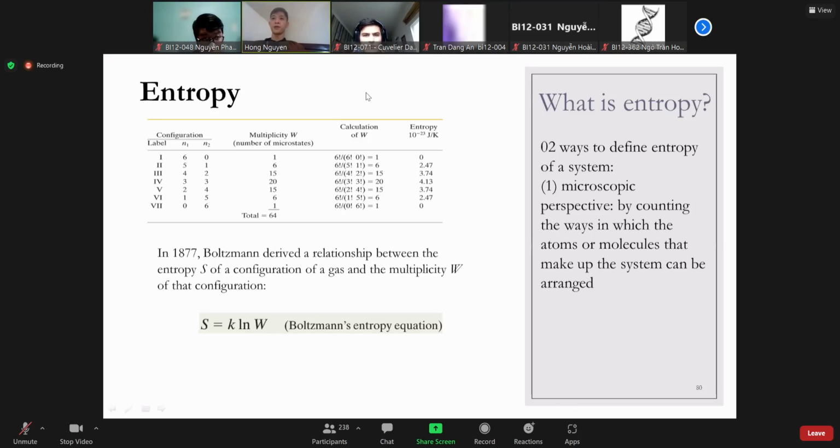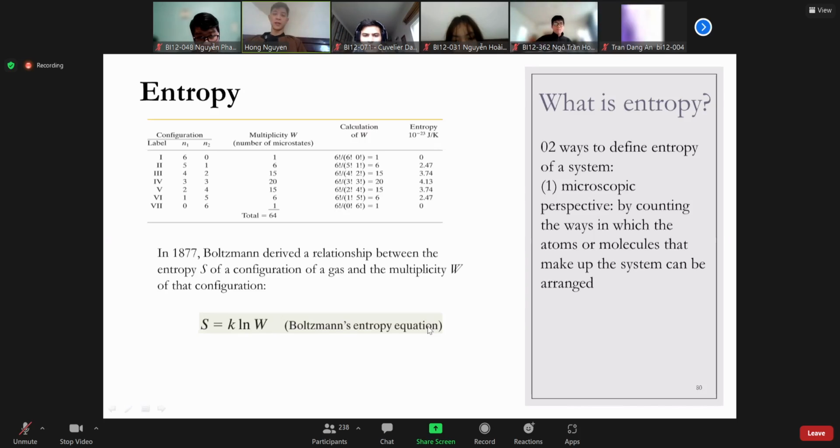Good. Is everyone here? Let me restart. We just finished the first way to define our entropy, the macroscopic approach.